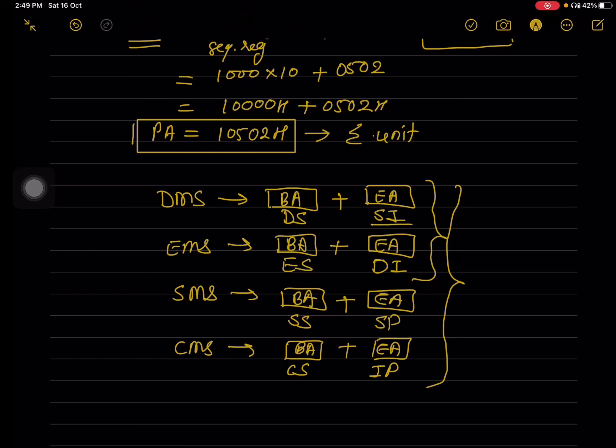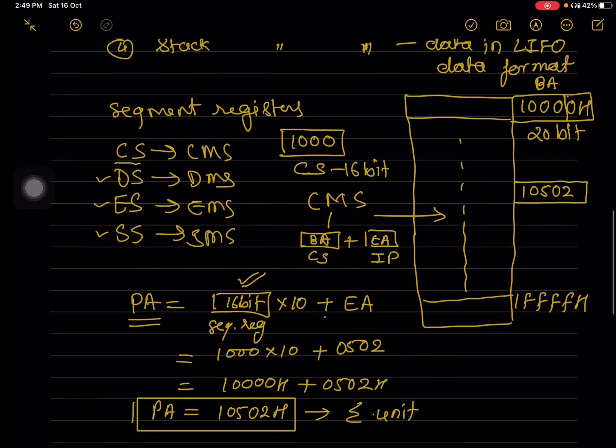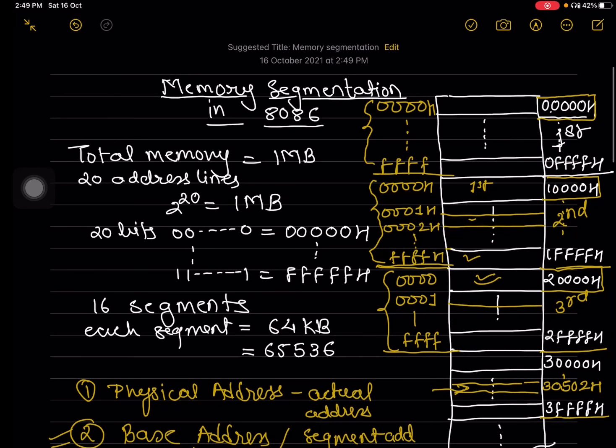Although SI and DI are not compulsory for the rest of the instructions for the data memory segment and extra memory segment, they are compulsory particularly for the string instructions. But the pairs SS and SP, and CS and IP, are fixed whenever the code memory segment or stack memory segment is accessed. So these are all the details about memory segmentation and the related theory about the generation of physical addresses.